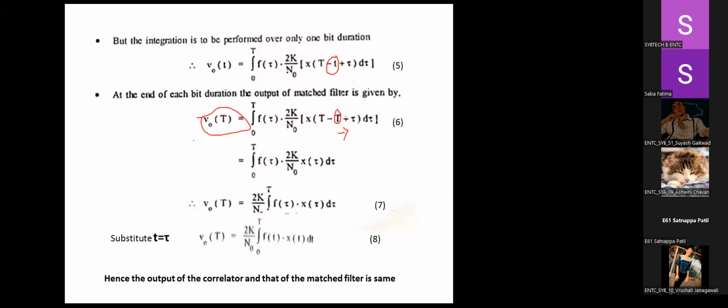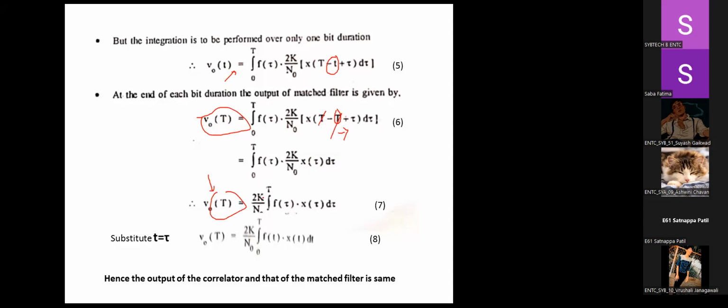On simplification, this cancels out, and what remains is x of tau d tau. So we get the output at a given time interval. This is the instantaneous voltage, and this is the sampled voltage at time interval T.